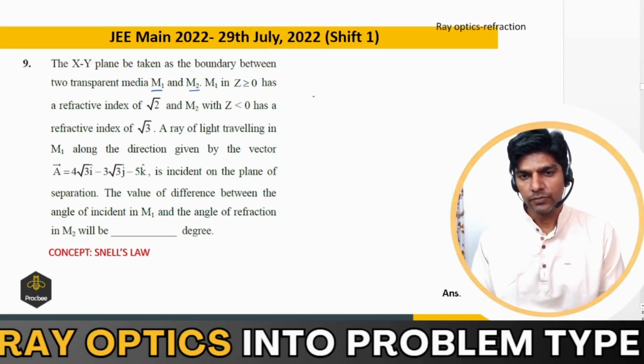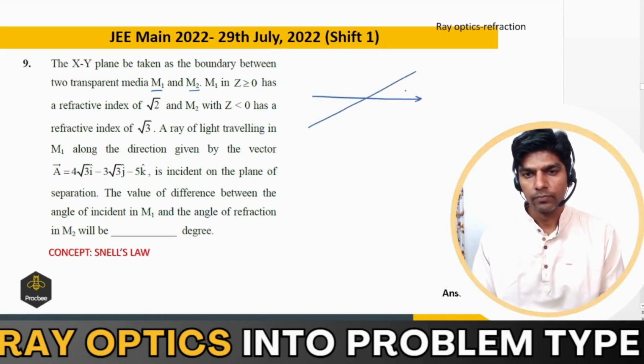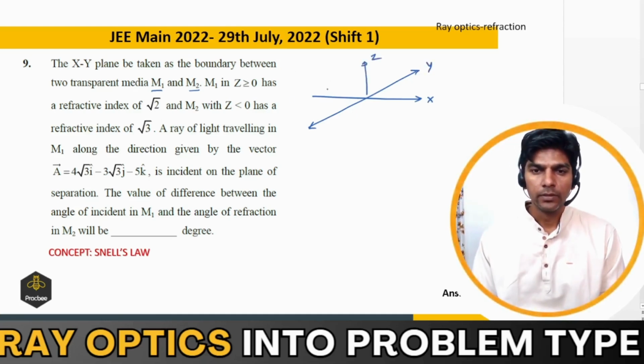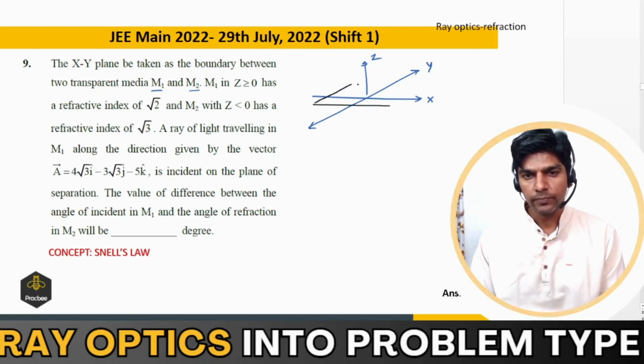So we have the xy plane. So this is x, this is y, and this direction will be z. So if I consider a plane which is an xy plane, right?